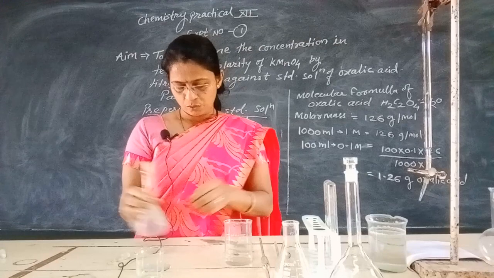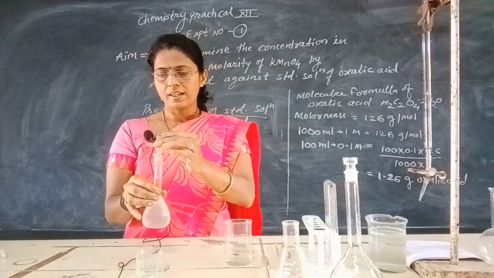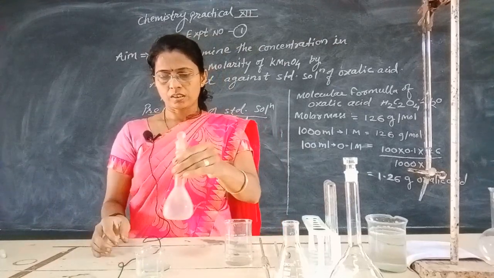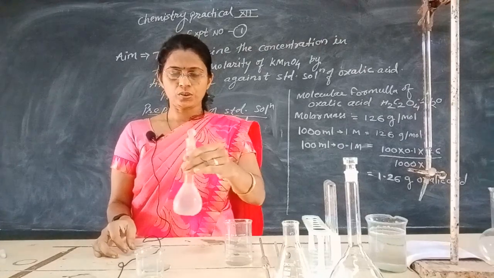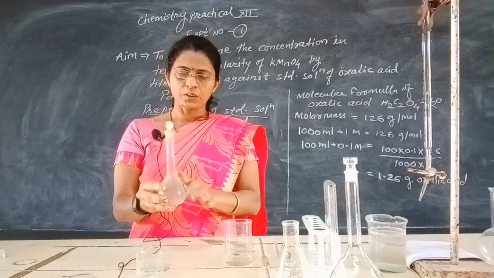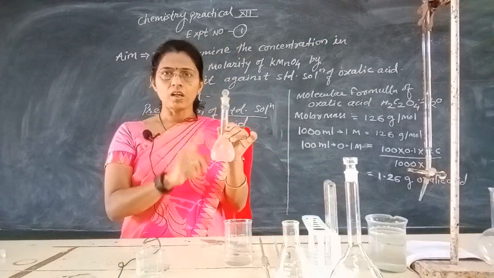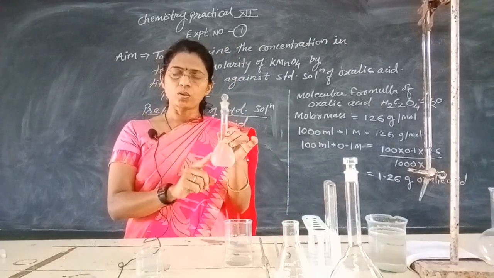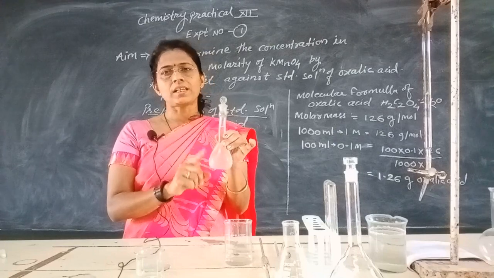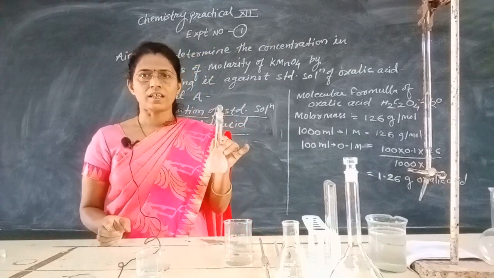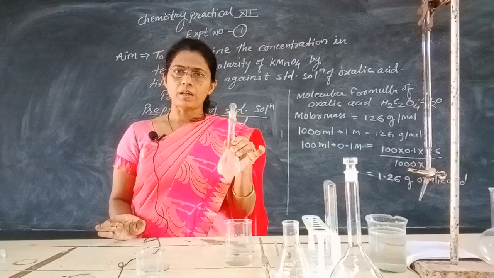Close it with the lid and rotate it so that your accurate concentration solution is ready. So this is our 100 ml 0.1 molar standard solution of oxalic acid. Here we complete our part A.